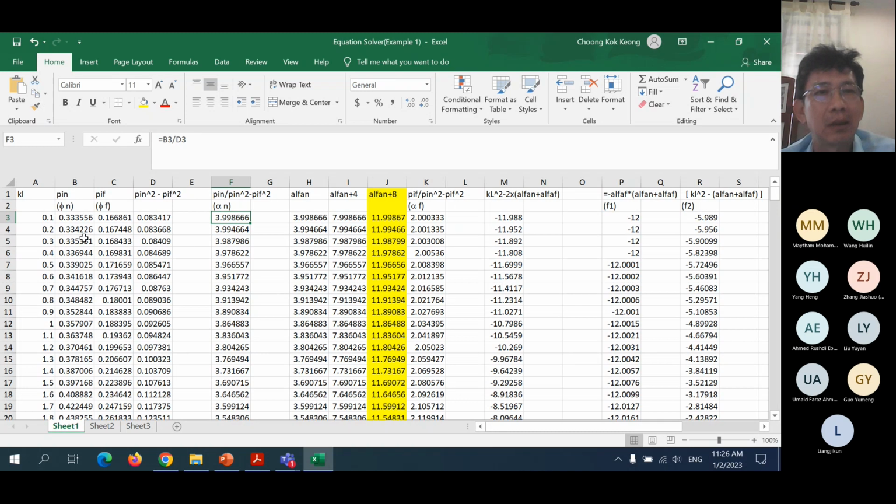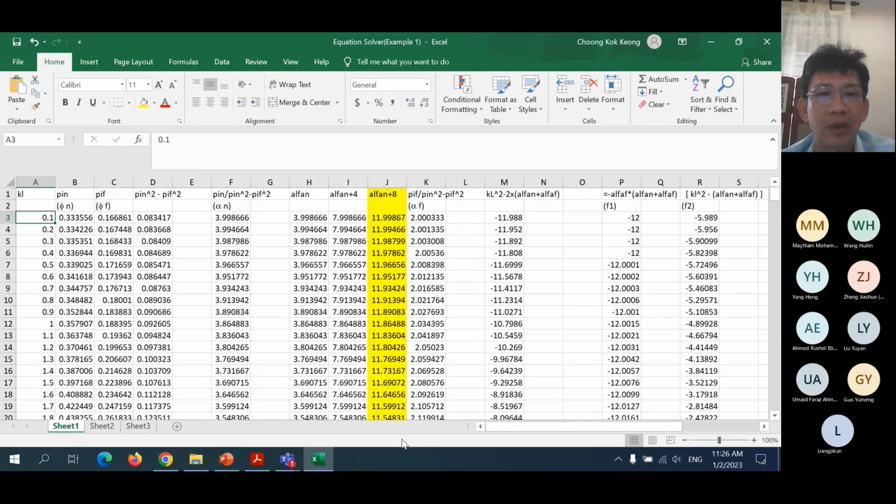This is just the way we program the Excel in order to get alpha n and then alpha f. So alpha f is phi f over phi n square minus phi f square. So we get this value for a series of values we assume for KL.